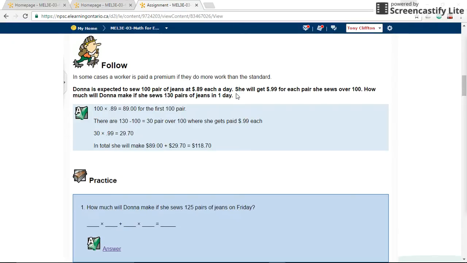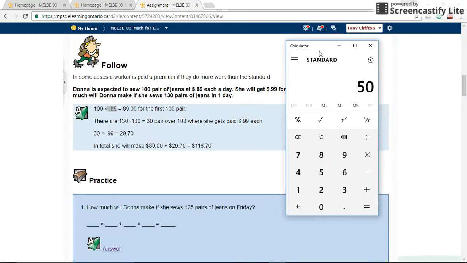She will get 99 cents for each pair she sews over 100. How much will Donna make if she sews 130 pairs in a day? So they're saying to you that for the first 100, she gets 89 cents. So 100 times 0.89 equals $89.